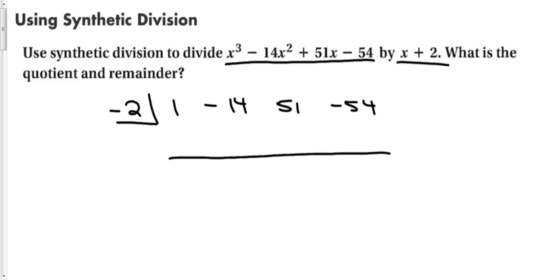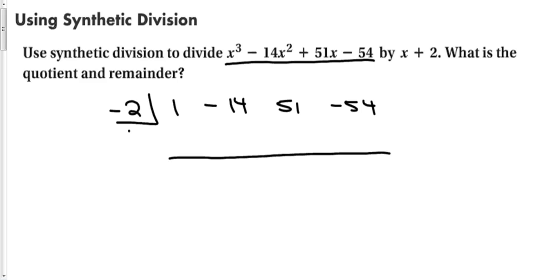Okay, so step 1 was to use my root, not my factor, my root. So reverse the sign. So instead of +2, we use -2. That goes there. Step 2, set up my problem with only the coefficients. Now let's get started.